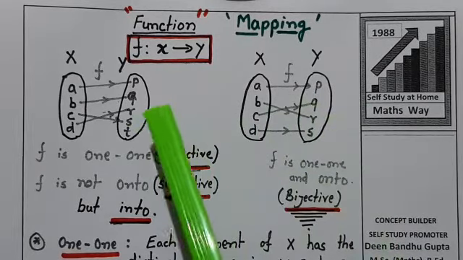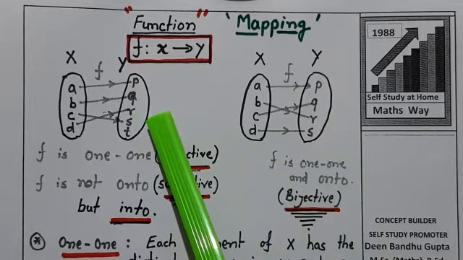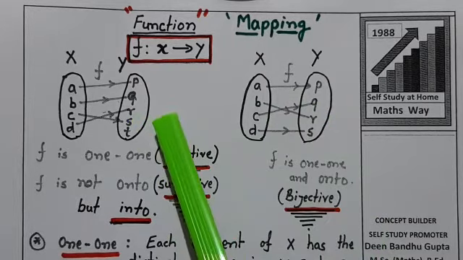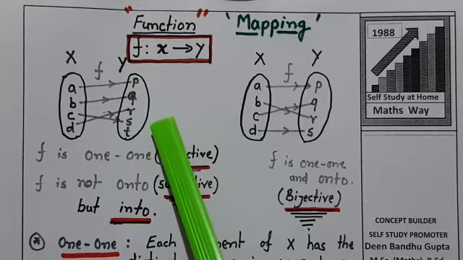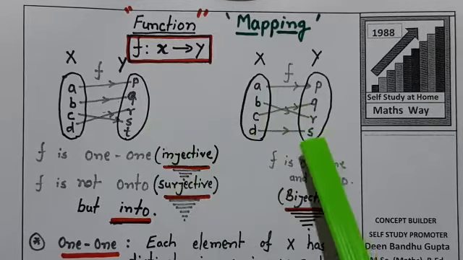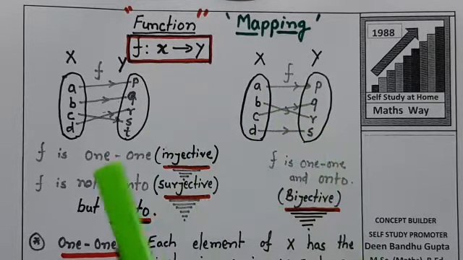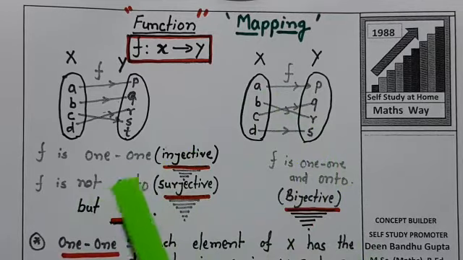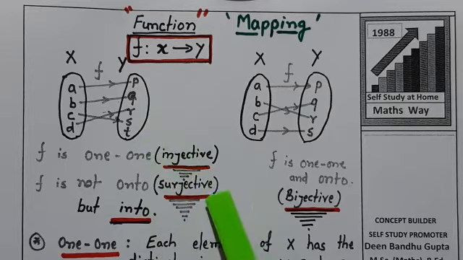1 to 1 mapping, that is 1 1 also. This is into function, not onto. This is onto. Now f is not onto. If not onto, that is also known as surjective.